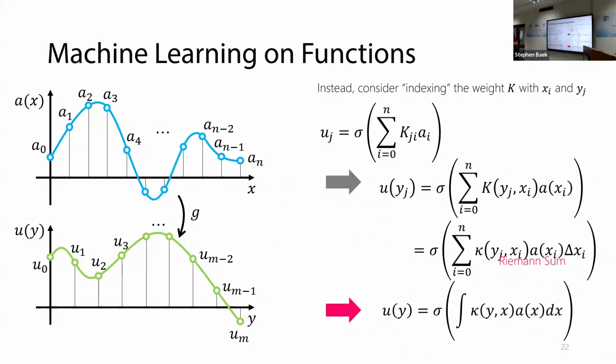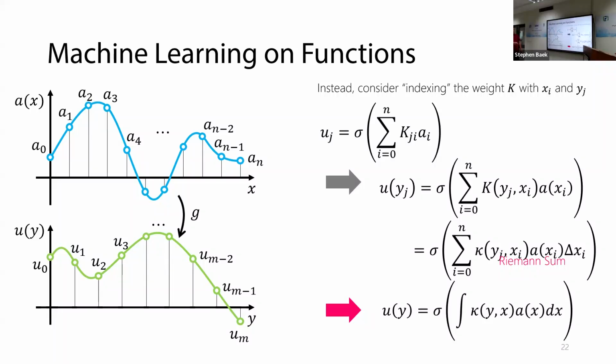As a matter of fact, this little trick of converting the weight with the discrete index to a continuous weight with a continuous index is actually the generalization of the Riemann sum.